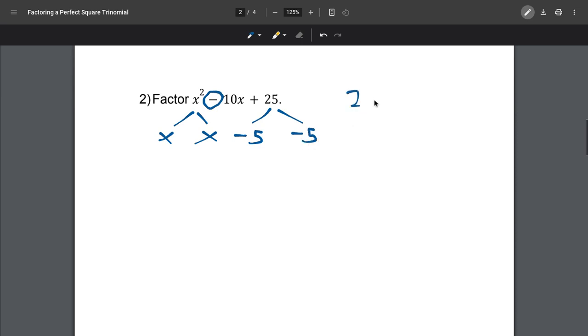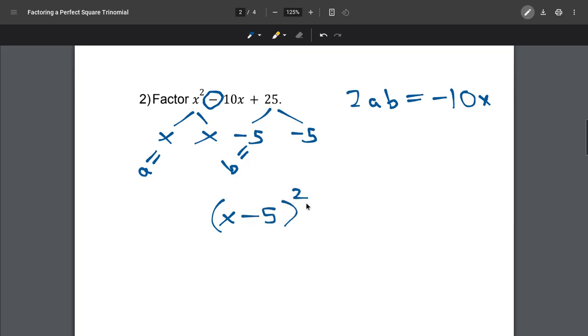Because 2ab, if a equals x and b equals negative 5, well, 2 times negative 5 is going to be negative 10x. So this definitely is a perfect square trinomial. And it's going to factor into x minus 5 squared.